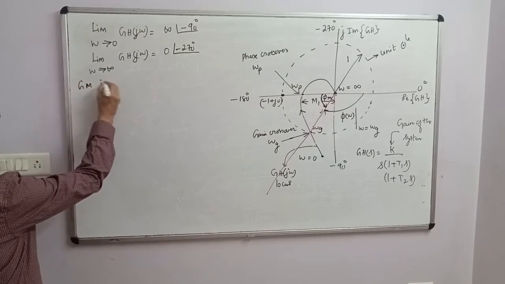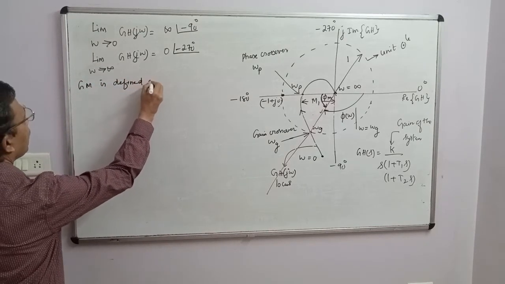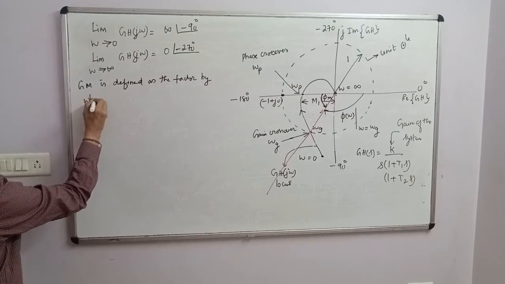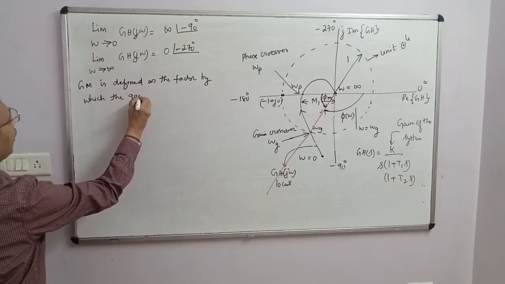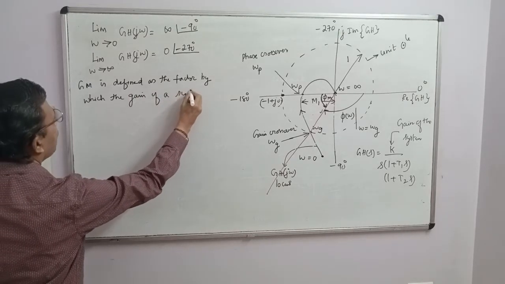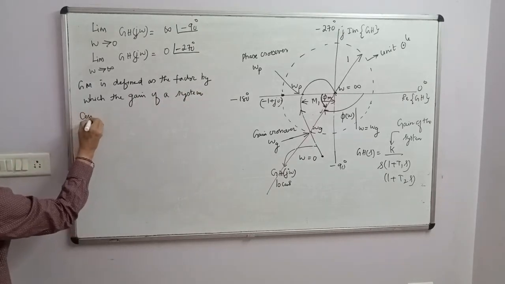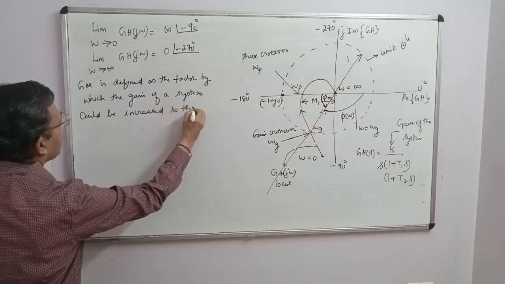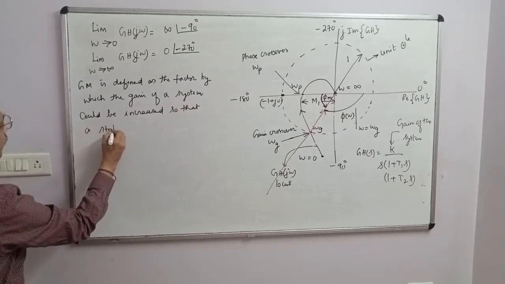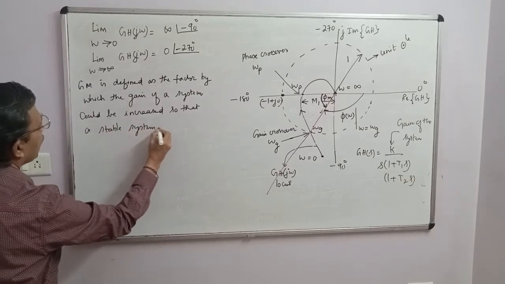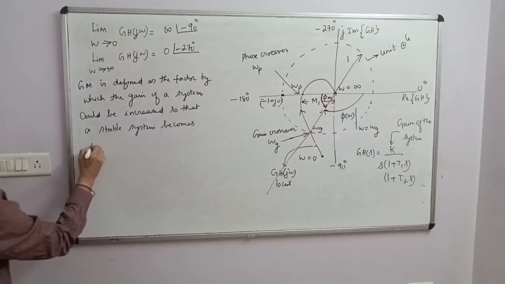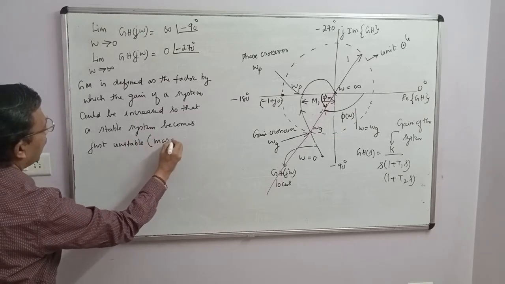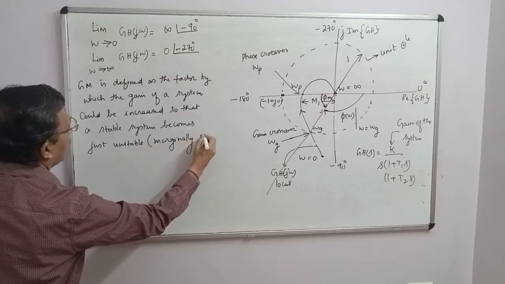Gain margin is defined as the factor by which the gain of a system could be increased so that a stable system becomes just unstable. Just unstable means marginally stable.